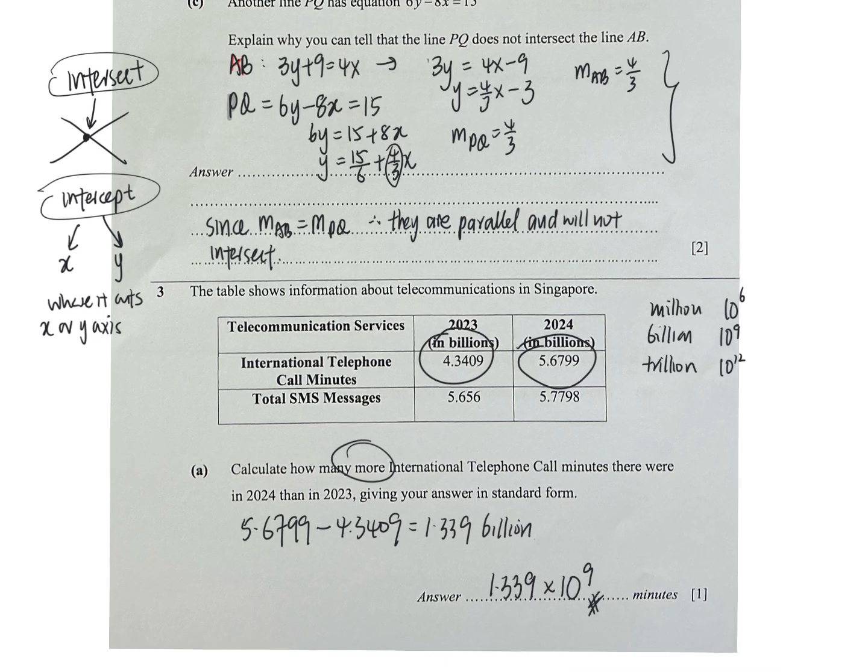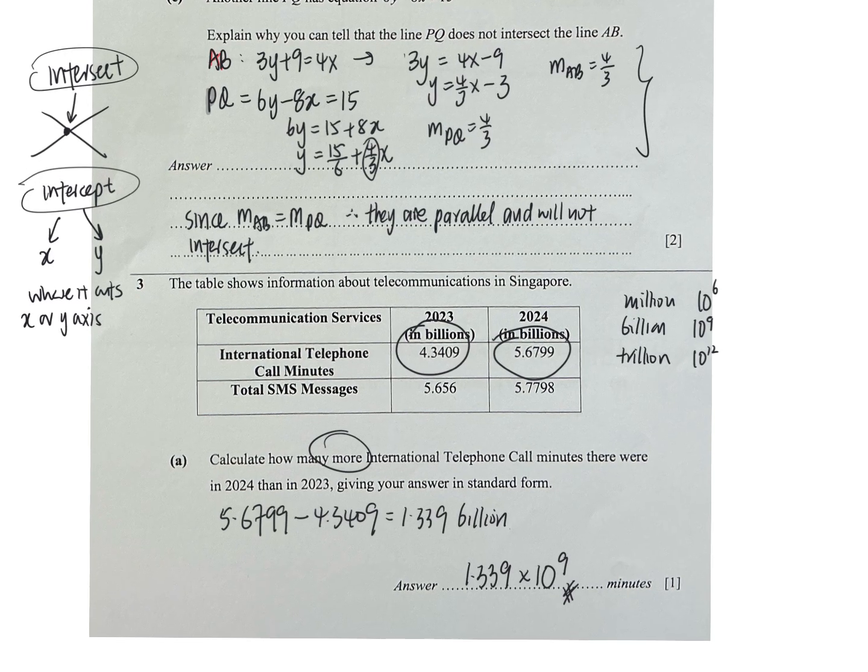Then of course there are other prefixes. Can you all still remember? Tera, giga, mega, kilo, milli.